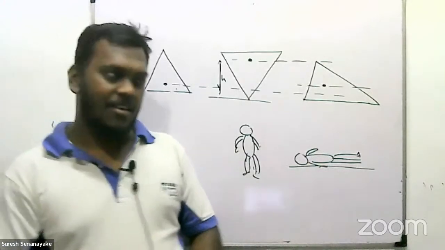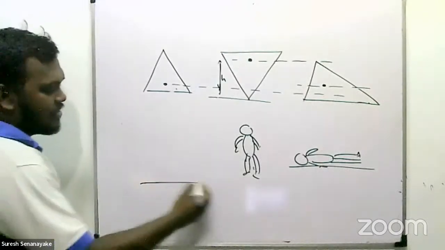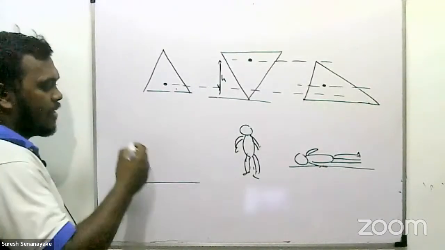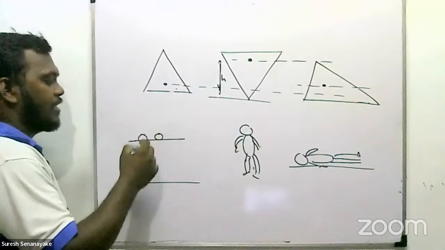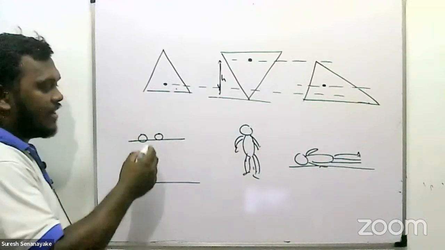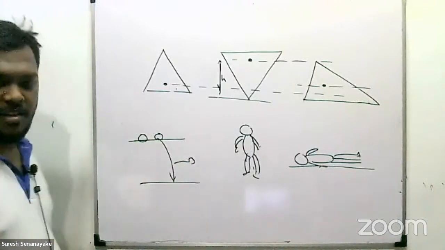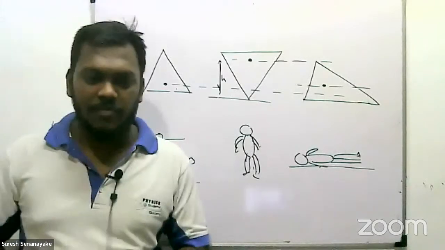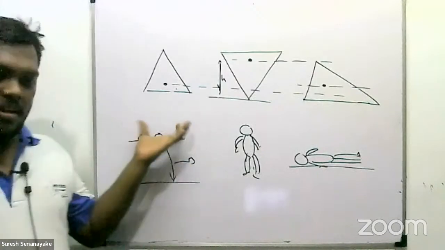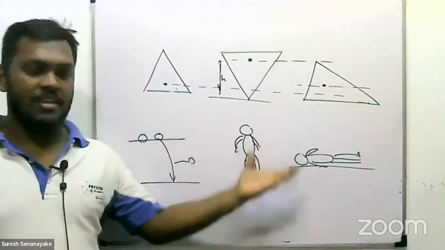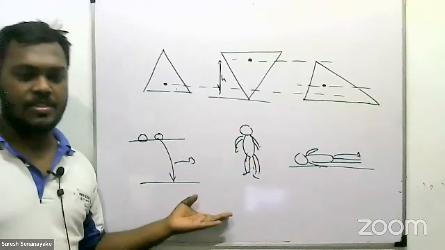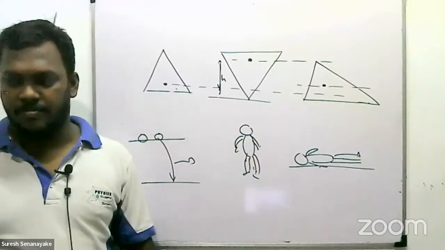The electrons in atoms are also like that. They don't like to be in upper, high energy states. They always try to release the energy and come to lower energy levels to be stable.